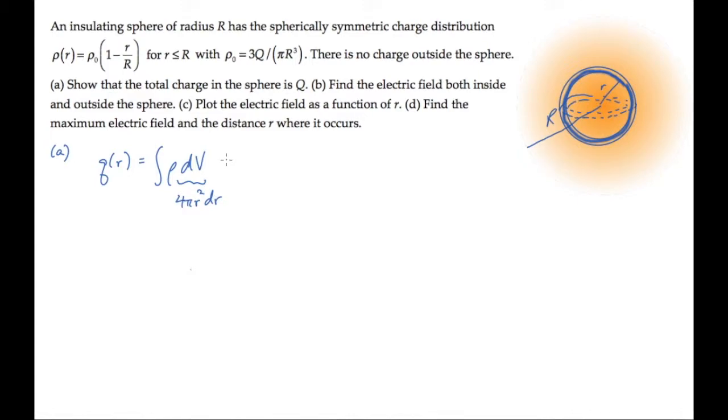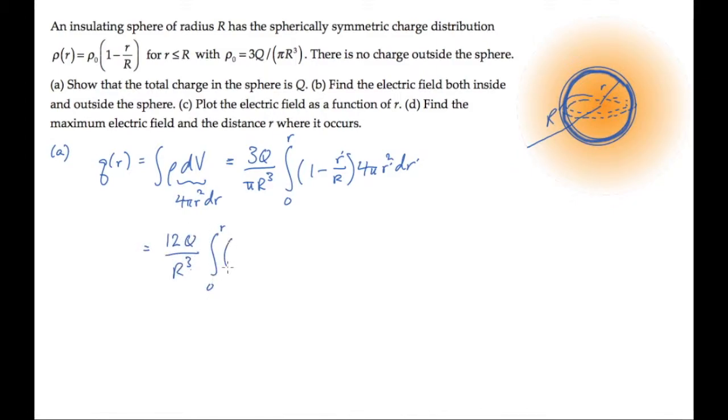When we substitute in the expression for ρ naught that we're given in the problem statement, we end up with this integral that we need to evaluate from 0 to some arbitrary point little r. And we're integrating over the dummy variable r prime. Simplifying this integral gives us this expression, which we can easily integrate to find the charge inside a radius little r.